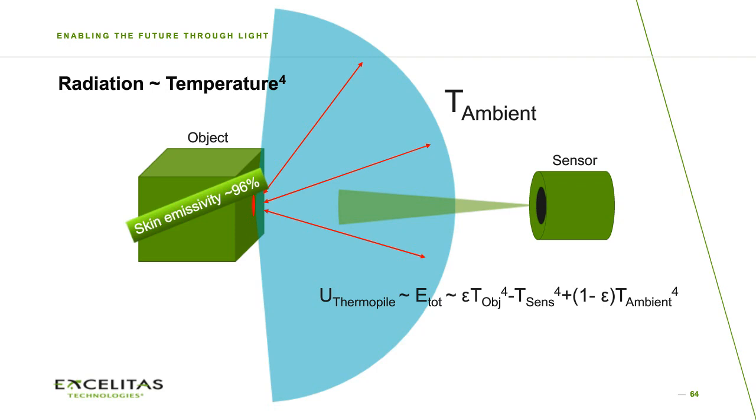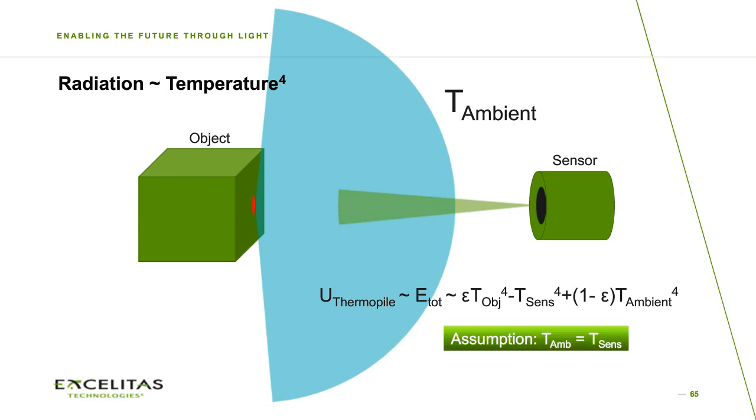So as I said, skin emissivity is 96%, and now comes a very important assumption, which in most cases is really not well understood by engineers using thermal sensors: the ambient temperature is assumed to be the same as the sensor temperature. So when you have a system which is heavily heating the sensor, be it a microcontroller doing a lot of processing, or when the sensor is being heated by the sun but you're looking at a cold spot or cold space, then this assumption is not true anymore.